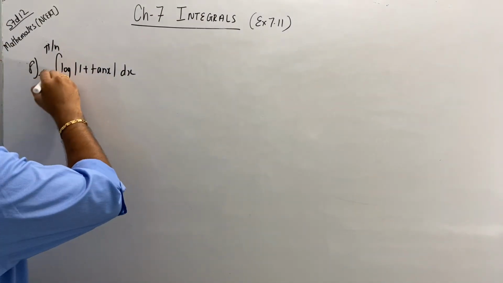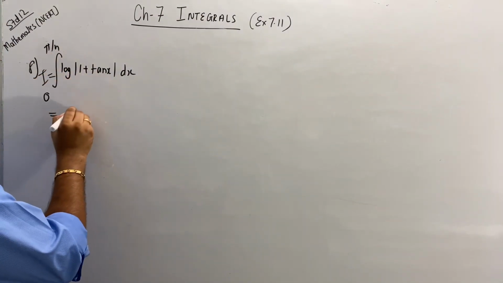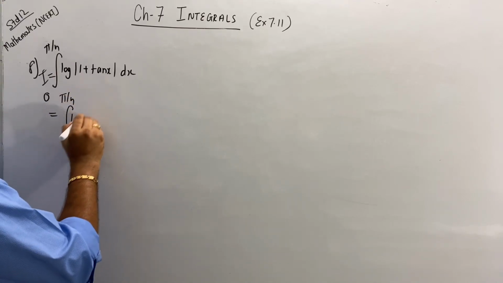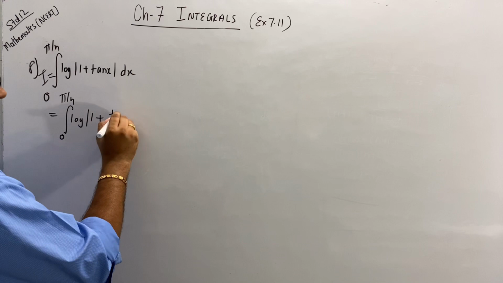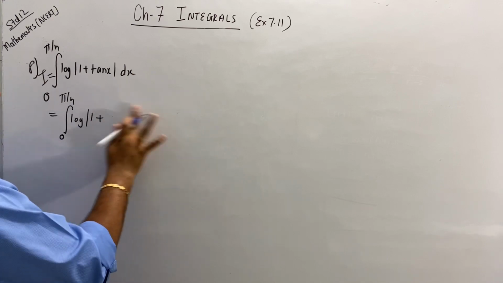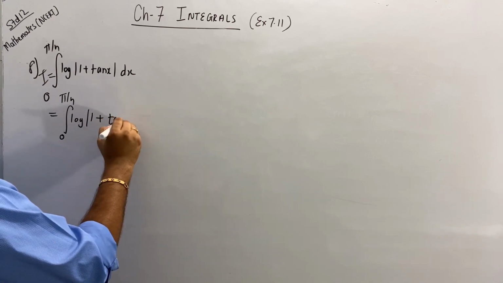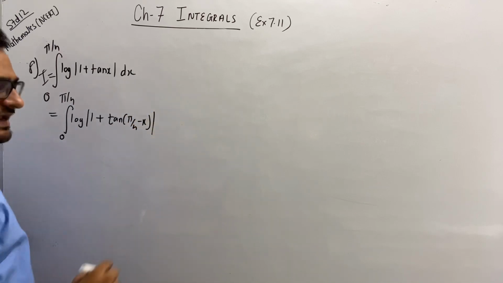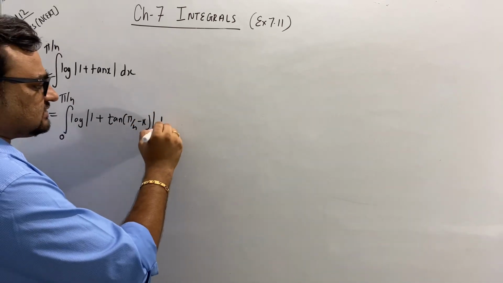So this is I. So this will be equal to 0 to pi by 4 log 1 plus tan of pi by 4 minus x dx.